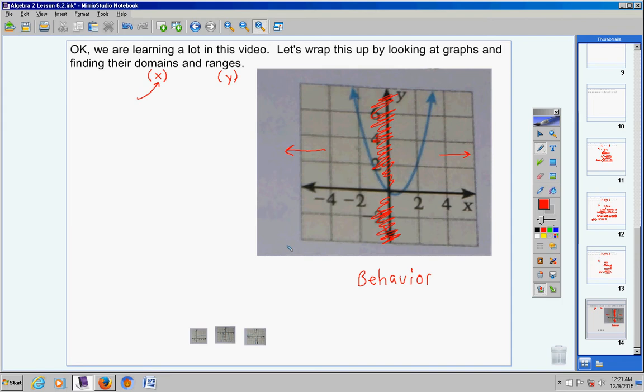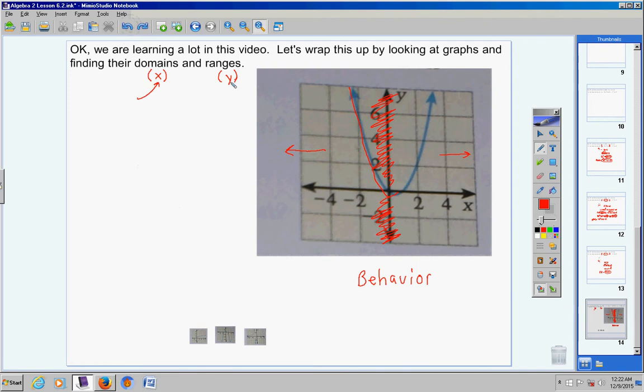So, I have a question for you. What is happening to the x's in relationship to this graph? Well, as the graph is going up, it's going to continue to go to the left. A parabola never gets to the point where it finally starts going straight up and down. That does not happen, okay?